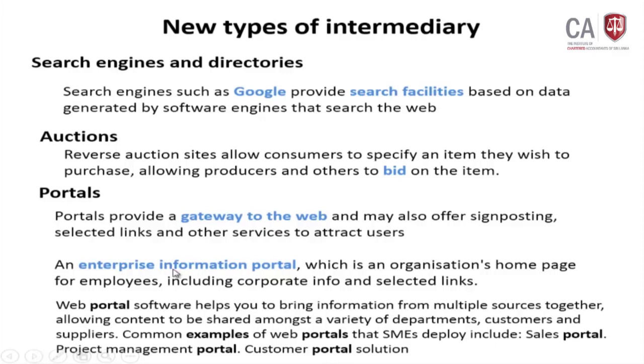Through that you can go to the other pages of the website. So what is a web portal? A web portal is your website. The web portal software helps you bring information from multiple sources together. So there can be a web portal for SMEs, and inside it there can be a sales portal, project management portal, customer portal, likewise.